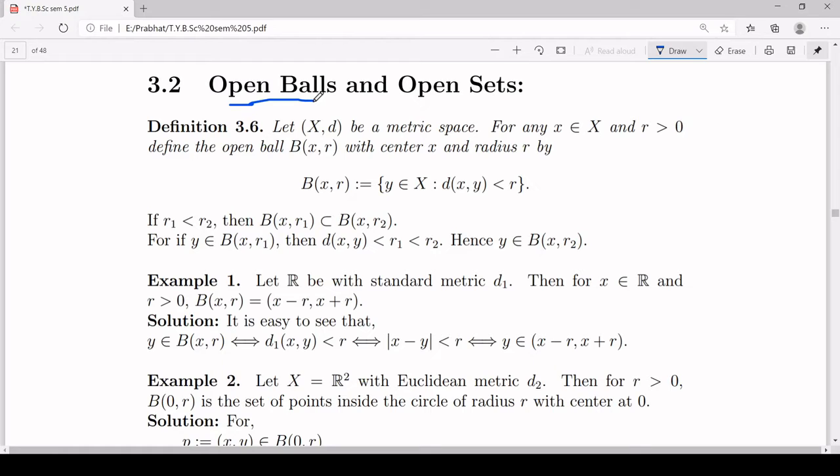On the same line, we are going to define open ball in a metric space. So let's start with the definition.